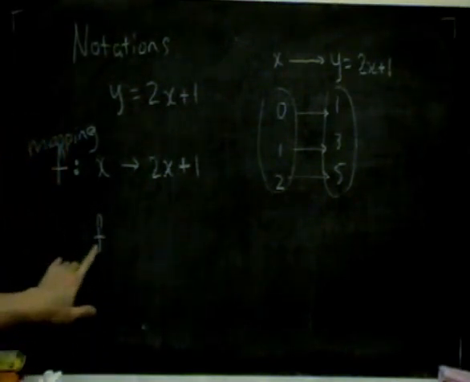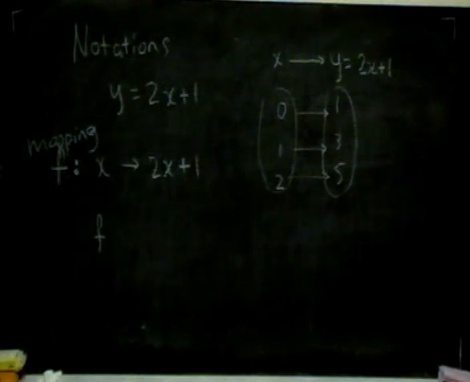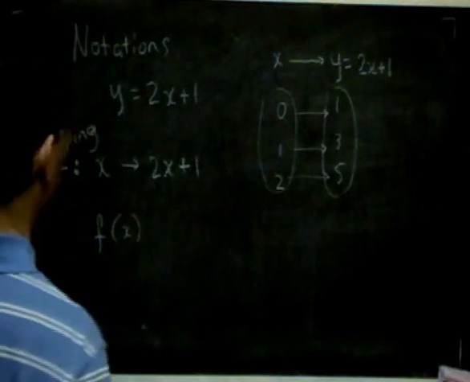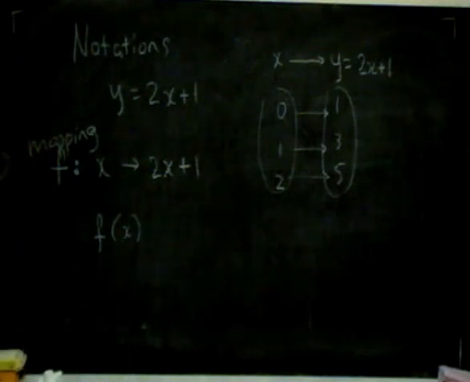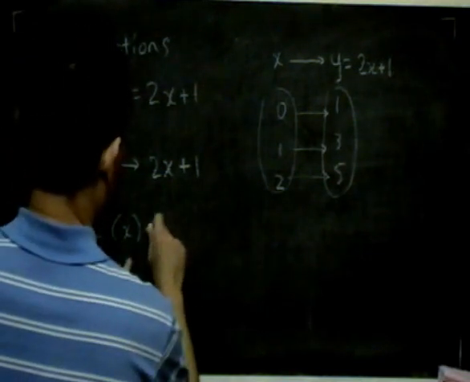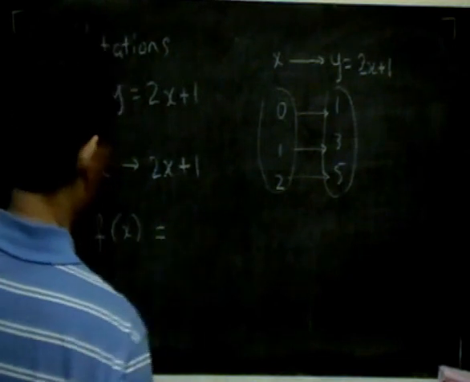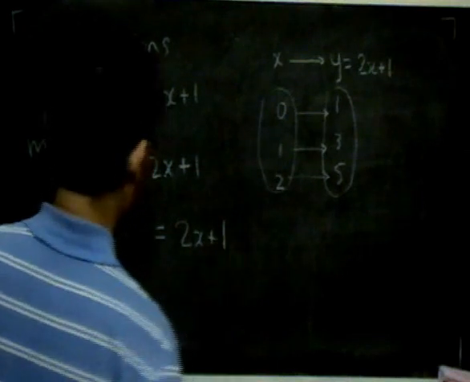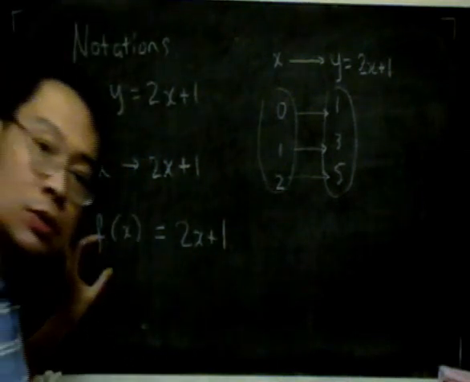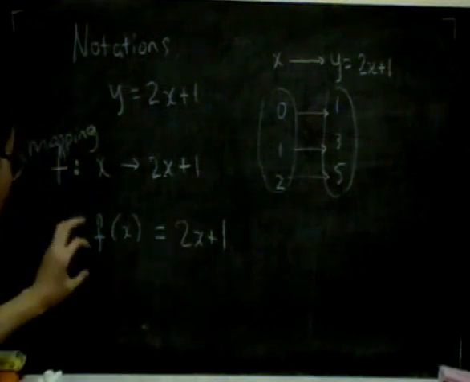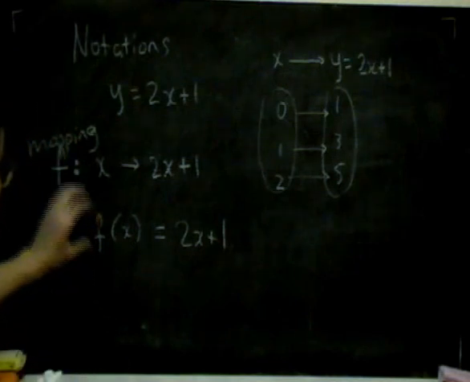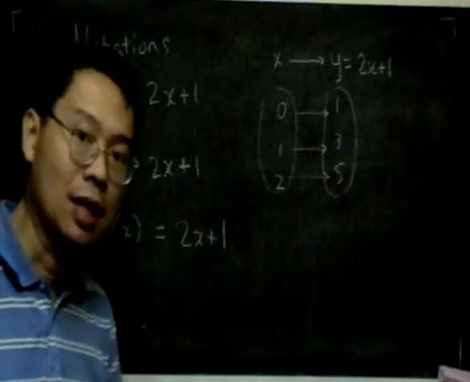I would write f, which is the name of this mapping, with a bracket and with the x inside, and this would be written as equal to 2x plus 1, the expression. So basically another way of writing the same thing. So both this and this mean exactly the same thing.